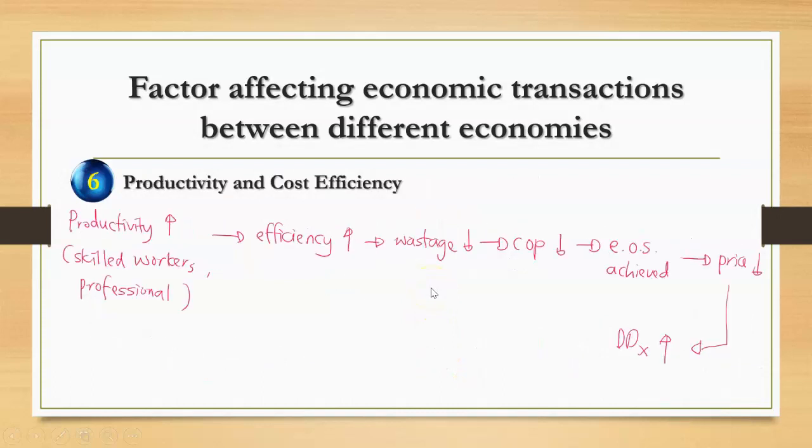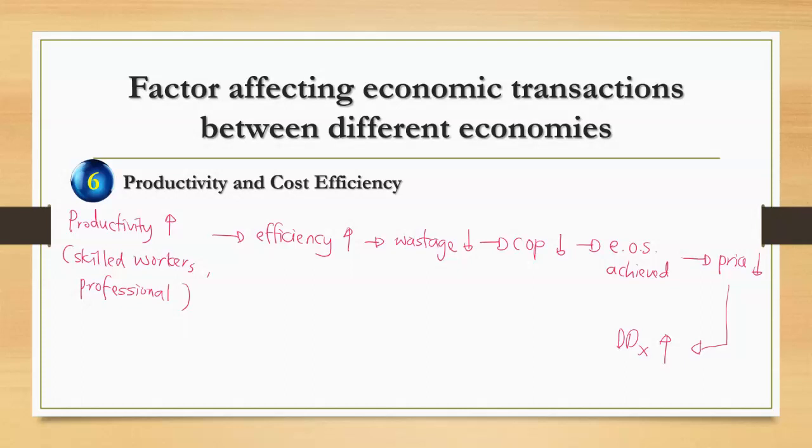Now number 6, productivity and cost efficiency. When we look at this one, we are looking at whether the productivity level of Australian factories, or any factories in any country, is higher, because they have skilled workers, professionals, and the latest technology.